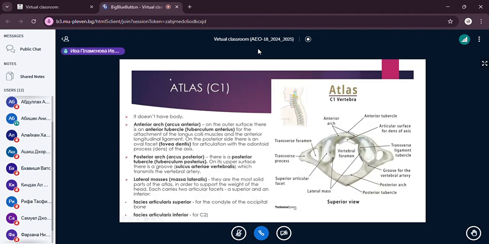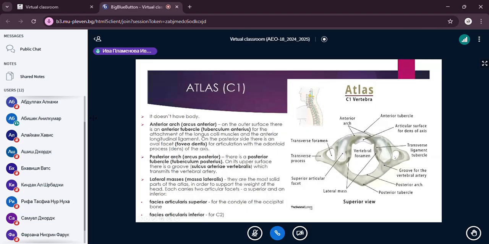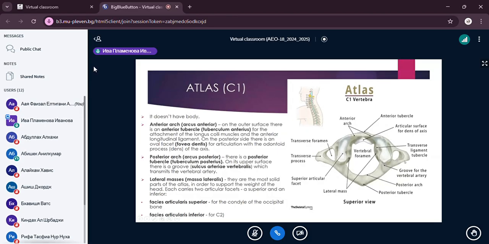Let's start with C1. I told you that each vertebra has a body, but the atlas doesn't have one. Here we have only anterior arch, posterior arch, and two lateral masses, massa lateralis.